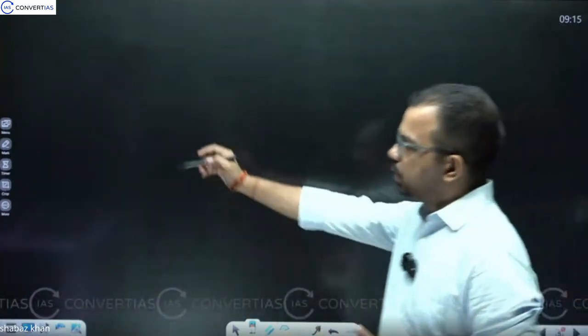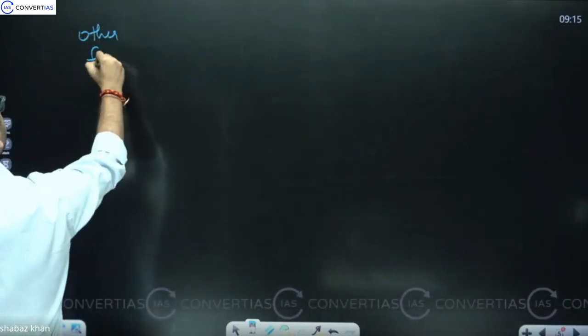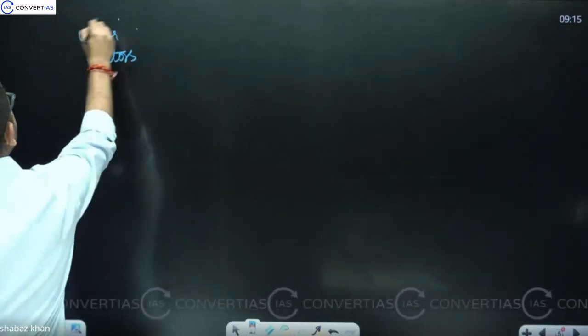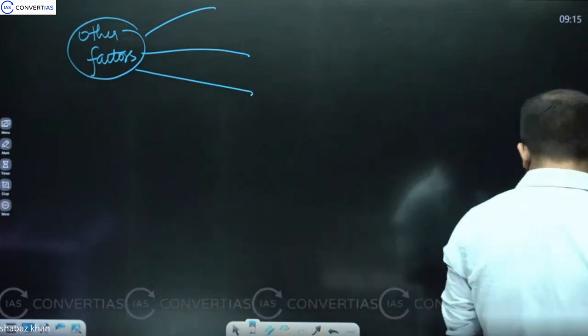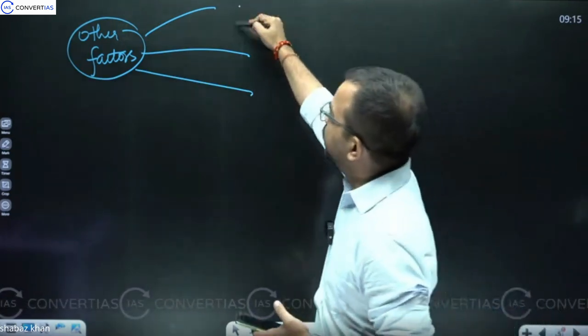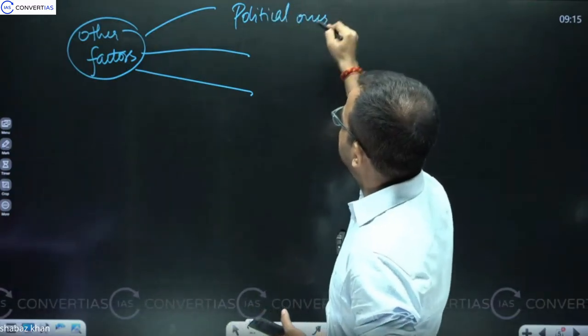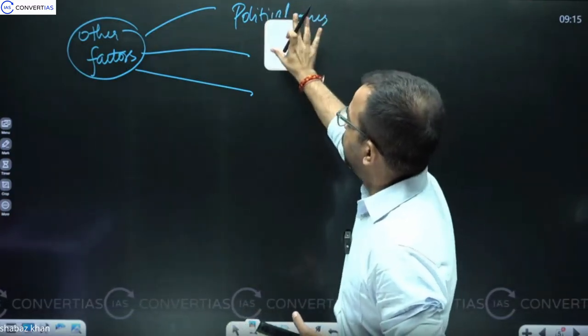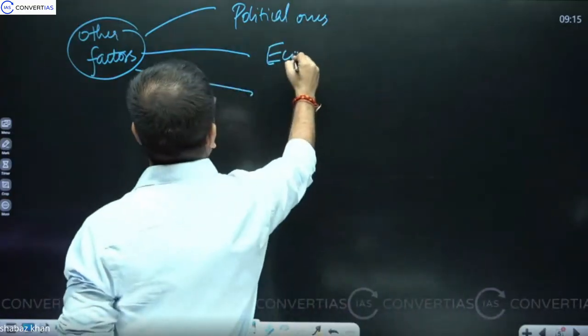Now do tell me, are there going to be other factors that ensured the development of ancient India, right? So some other factors are going to be related to political ones. Other ones, tell me. Other economic ones.